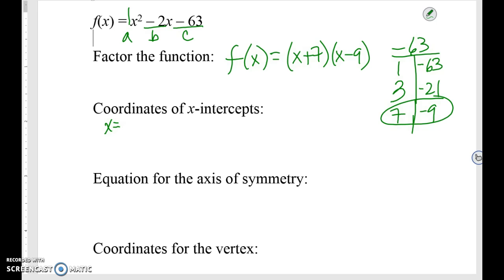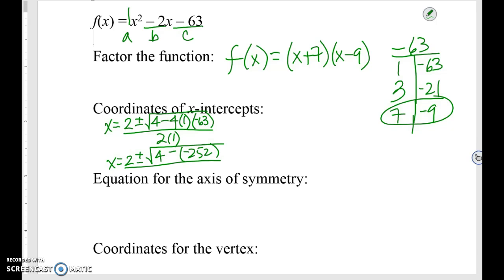So opposite of b is 2 plus or minus the square root of 2 squared, which is 4, minus 4 times 1 times negative 63, all over 2 times 1. So that's going to give me 2 plus or minus the square root of 4 minus negative 252, all over 2. Well, this part right here becomes plus, which is 256.